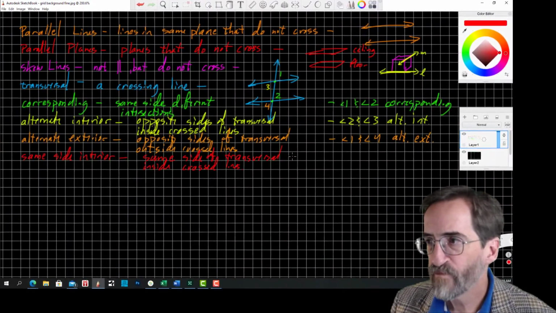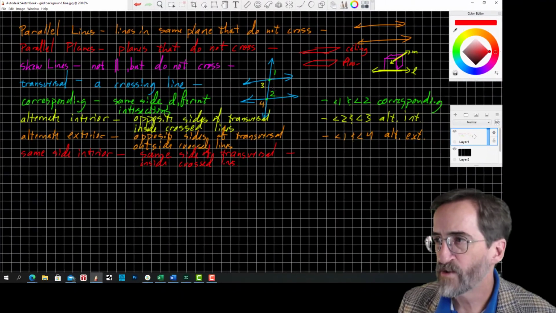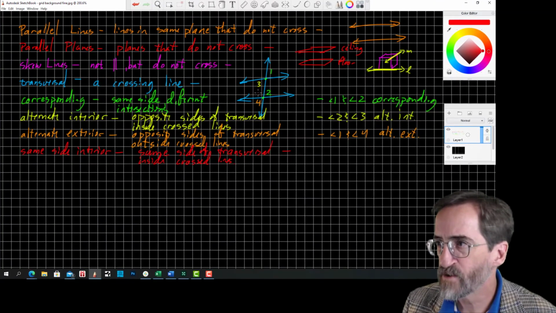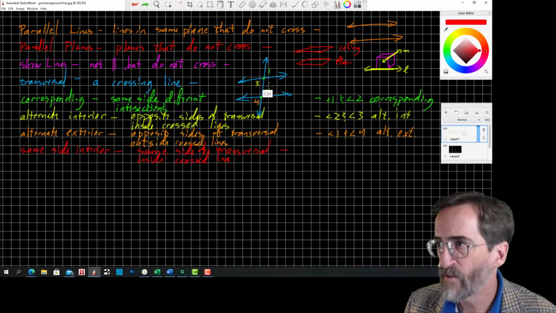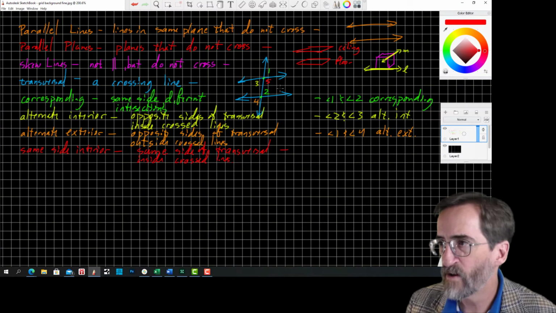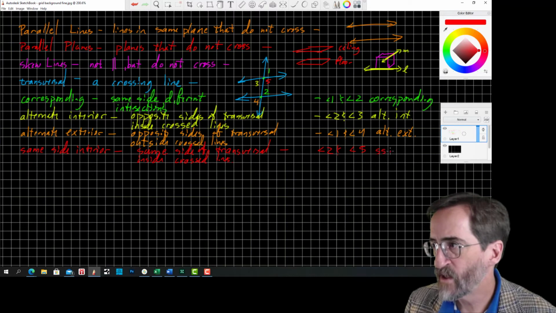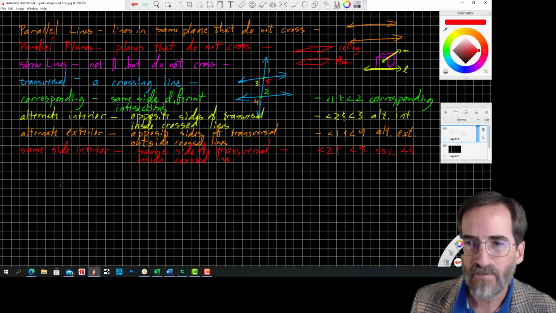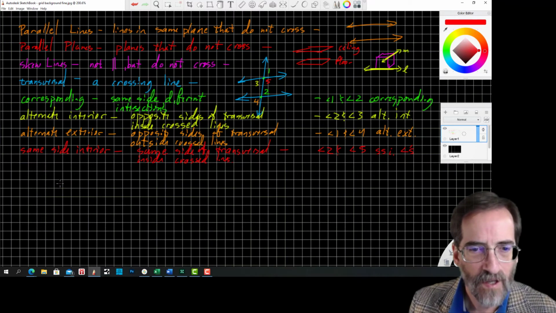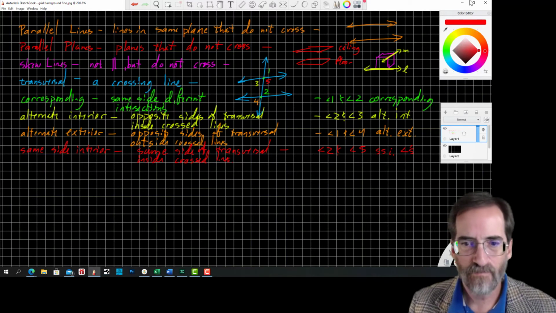Okay? So if I were to name all same side interior angles, I'm going to number angle 5 right here. So angles 2 and 5 are same side interior angles. SSI angles, same side interior. Okay, let's see, have we got them all? Corresponding, parallel planes. Yep, that's it for this lesson.